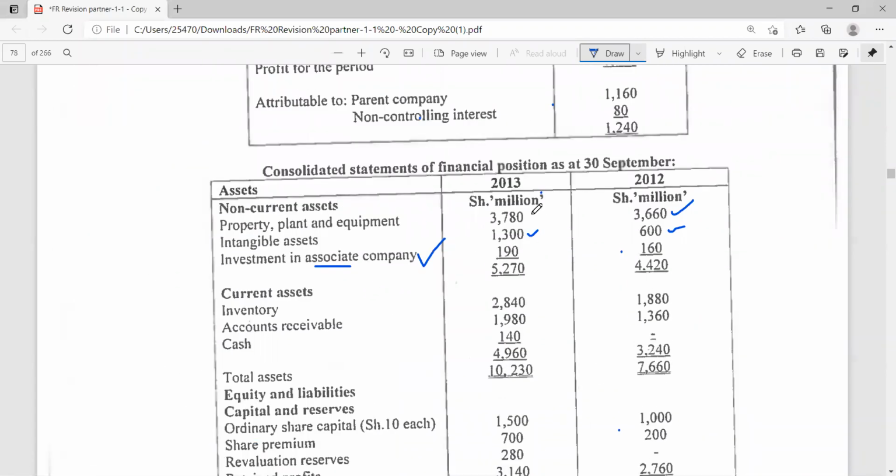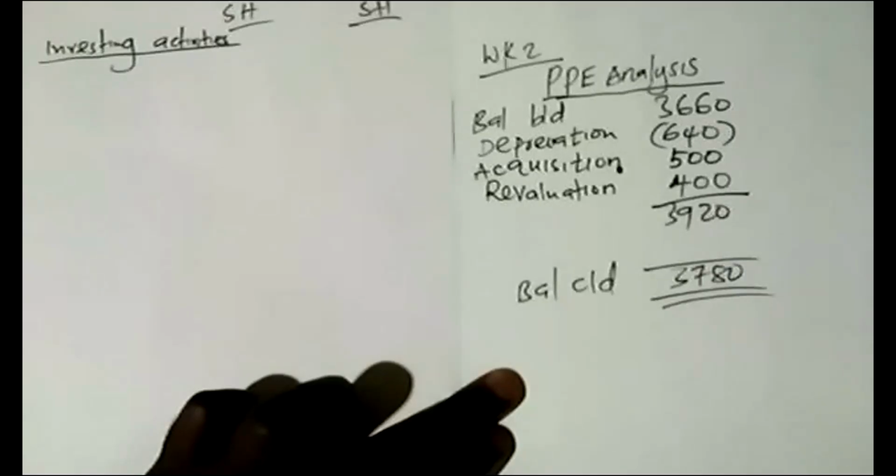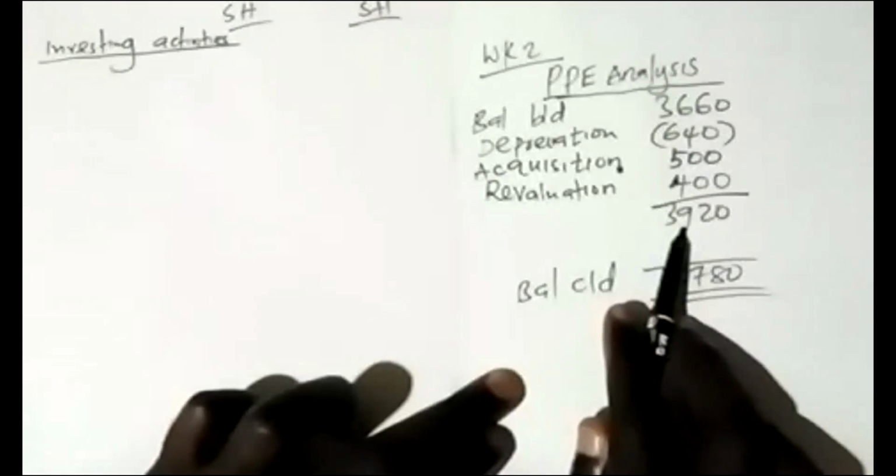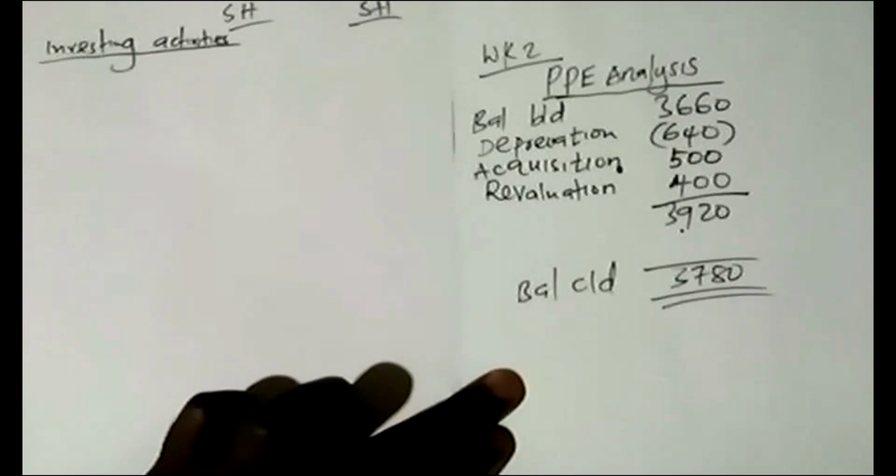So this is 3780. We can see that our figure after all adjustments was 3920, but at the end it is 3780, which means that it has reduced.